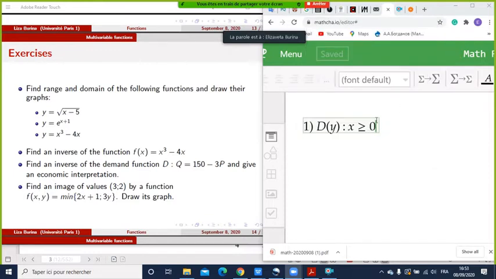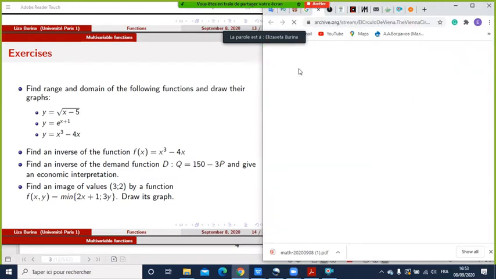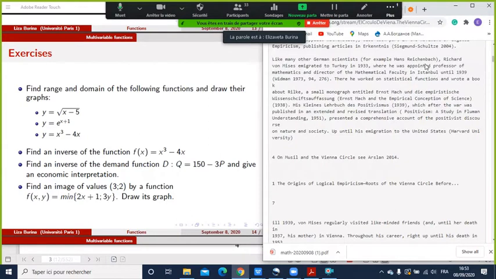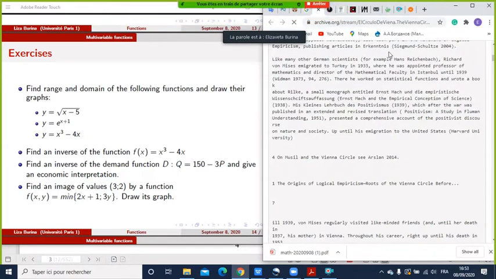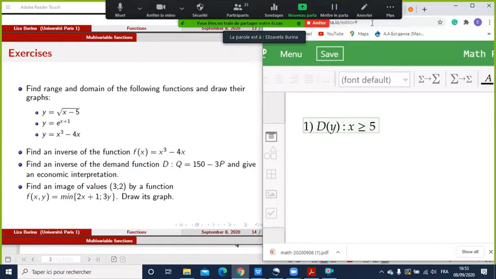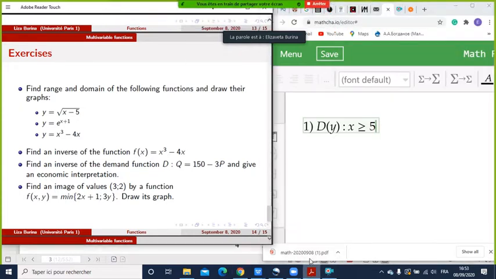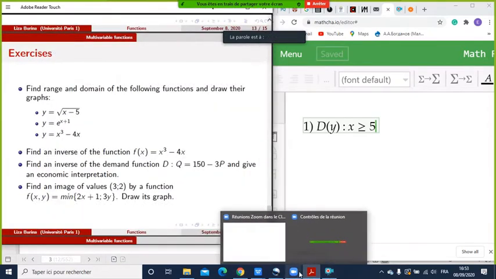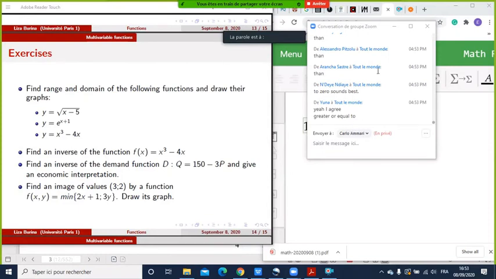Great, so why did I write 0? I was supposed to write 5. So we have to make sure that what is under the square root is non-negative. Okay, cool. Let's stick to then.